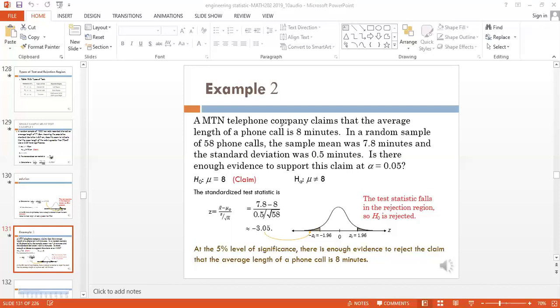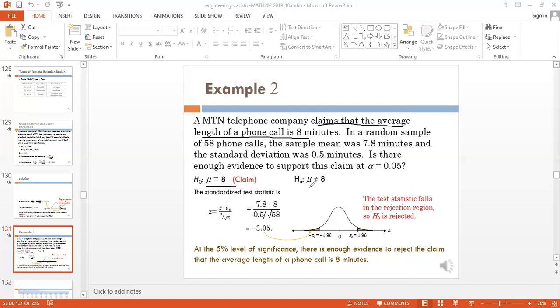Good. So we look at the question carefully again to see our claim, to find out the given parameter. It says the company claims that the average length of phone calls is 8 minutes. So clearly the claim is what? Average is equal to what? 8 minutes.